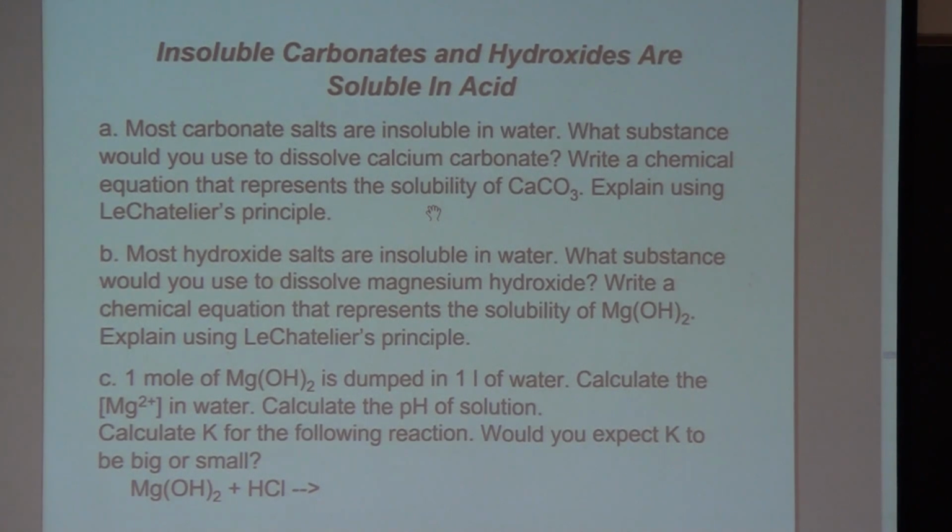Now, have any of you ever taken a geology course? No? Well, calcium carbonate is limestone. And I took a geology course once, and the geology instructor on a field trip always had a bottle of hydrochloric acid with him. He would put a drop or two of hydrochloric acid on rocks.